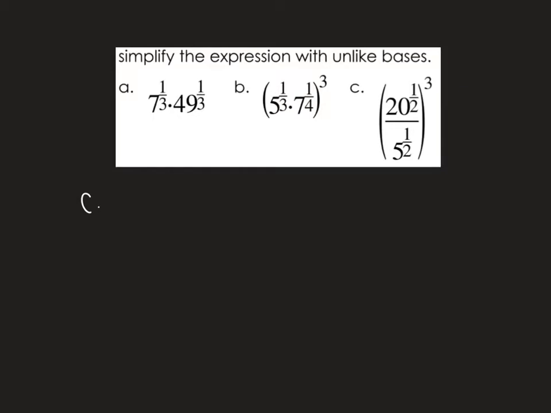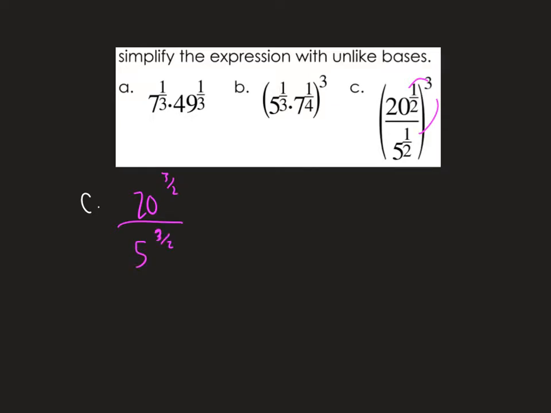For the next one, the first thing we're going to deal with is the powers raised to a power. So we're going to get 20 to the 1/2 raised to the 3rd. That's going to multiply, and 1/2 times 3 is going to be 3/2, over 5 to the 1/2 times 3, which is also 3/2.